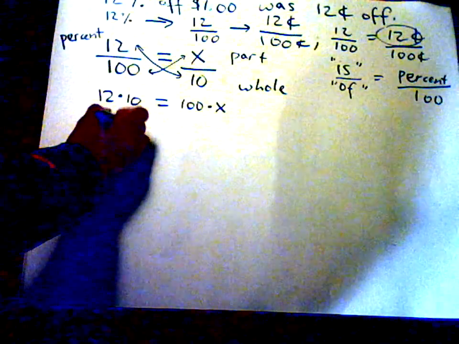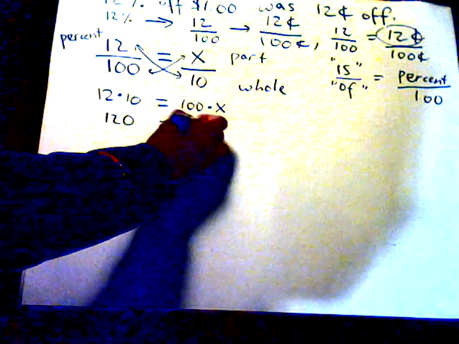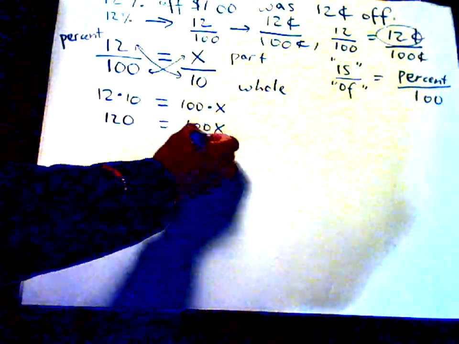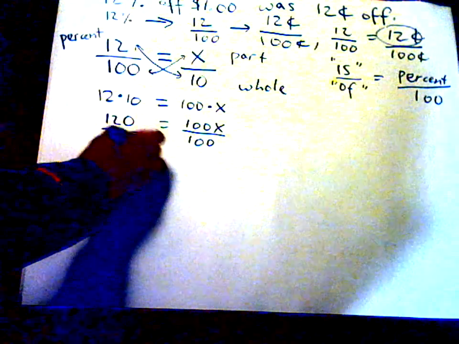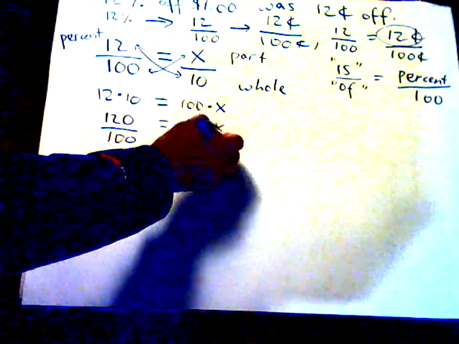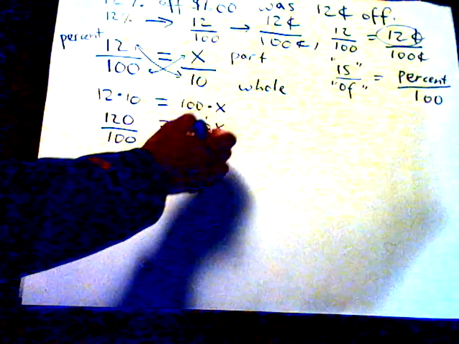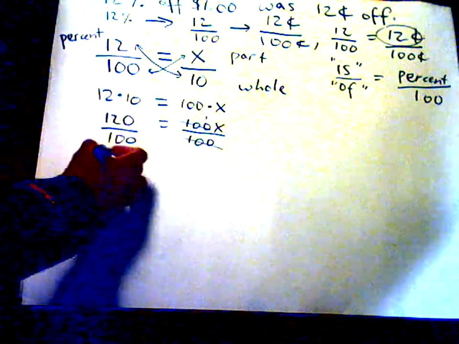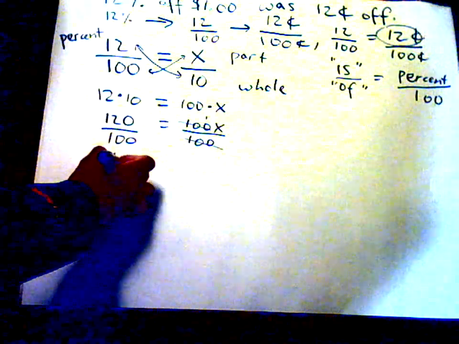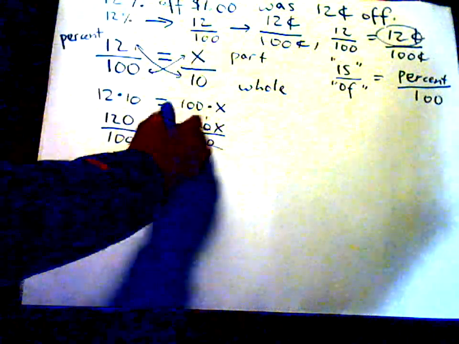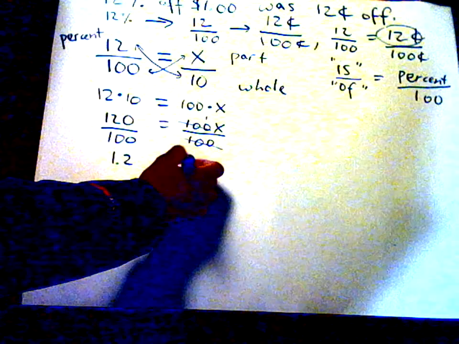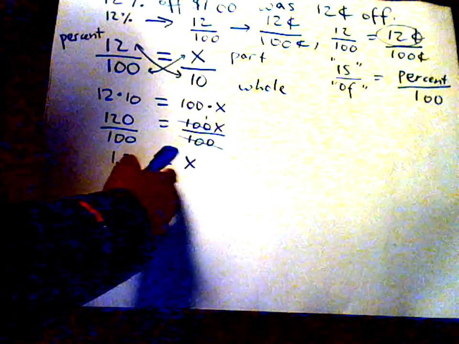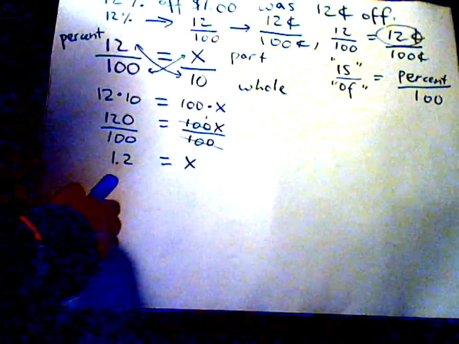That is 120 is equal to 100x, and we divide by 100 on both sides. 100 into 100 goes one time, and if you do this on your calculator, you will find this becomes 1.2. So 1.2 is equal to 1x, which is just x. In that case we can conclude that x is equal to 1.20.